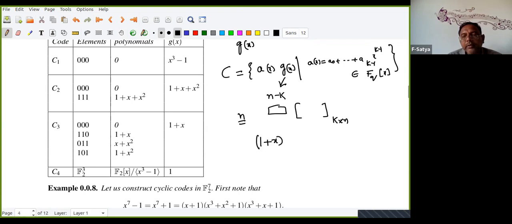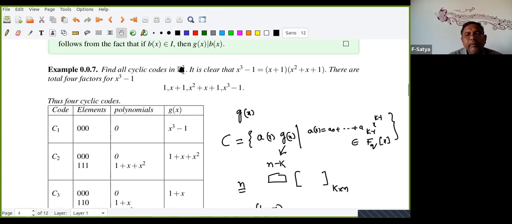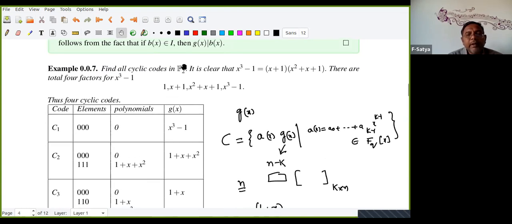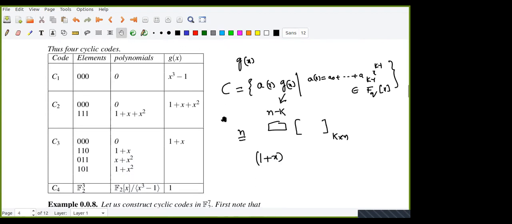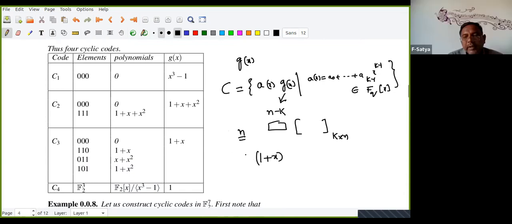Now what is the code word length here? F2 to the power 3 I am looking at, which means code word lengths are 3, right? Now I am quotienting with x cube minus 1.